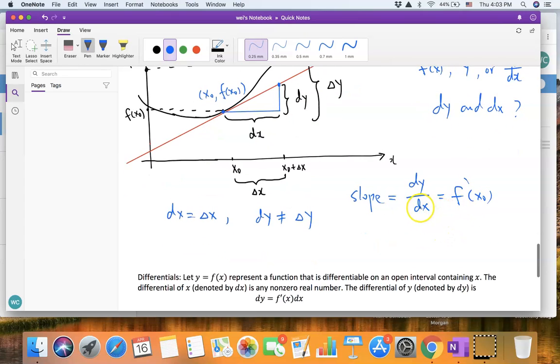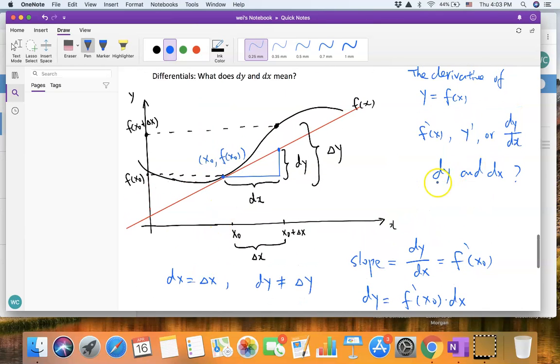So now we find a formula for finding this term dy. So dy equals the derivative f prime of x0 times dx, which is the same as f prime of x0 times delta x, because delta x and dx are equal.